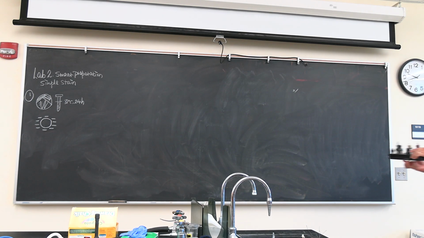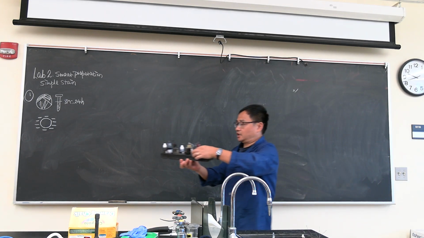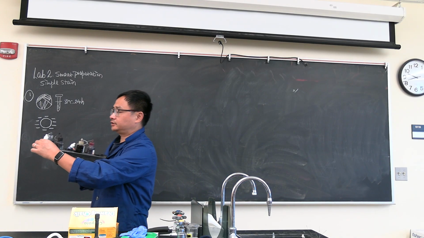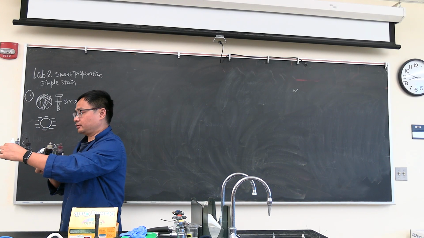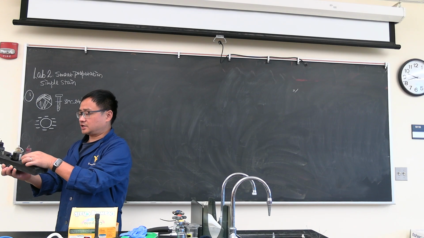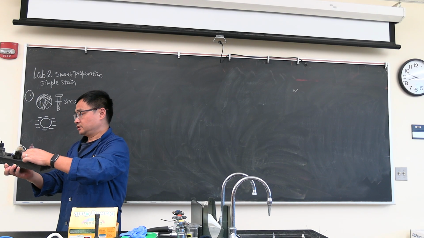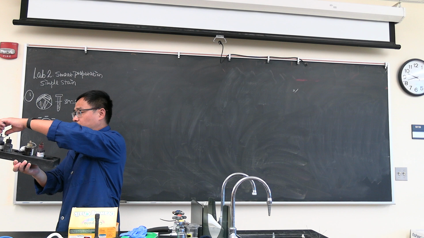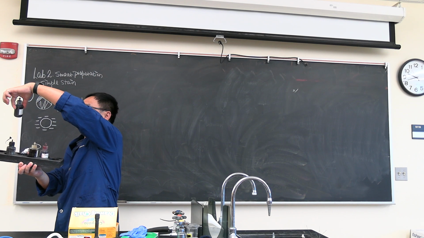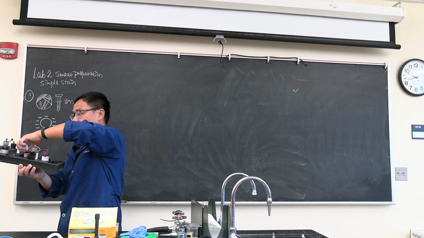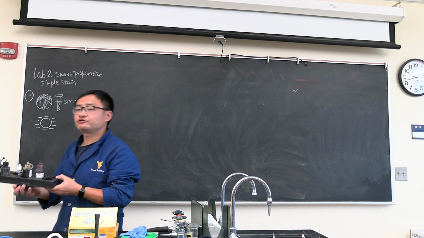So you can see you have crystal violet, a purple color. You see safranin, a pink color. You see methylene blue, like that. Or sometimes you have malachite green or carbol fuchsin.